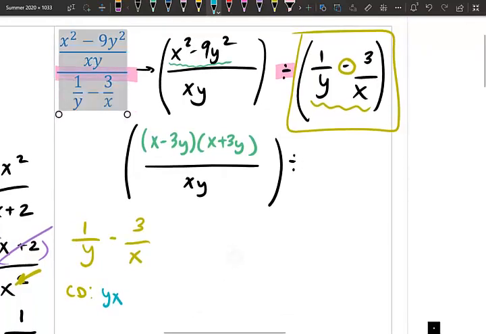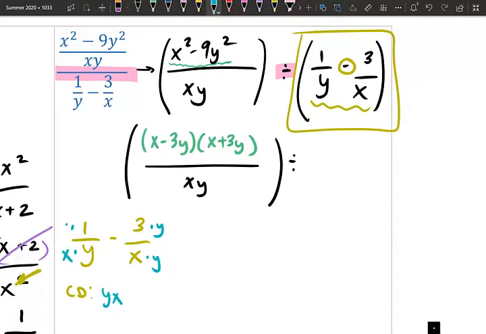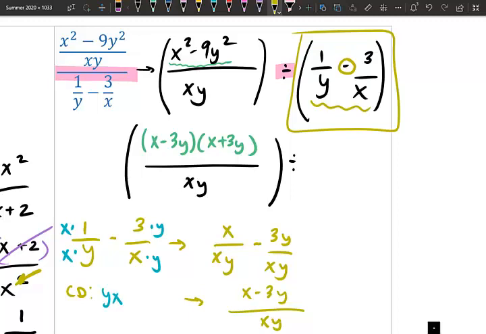So this is missing a y, and this is missing an x. We're going to multiply. So we have x over xy minus 3y over xy. Let's combine. When we combine, we have x minus 3y over xy.